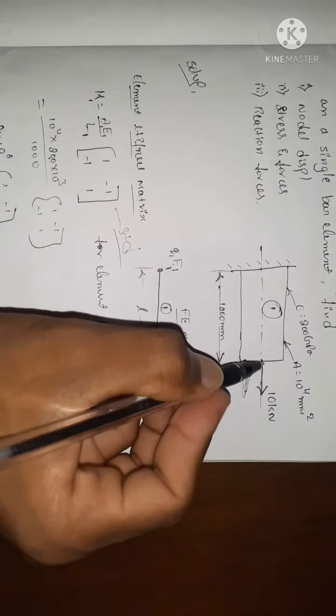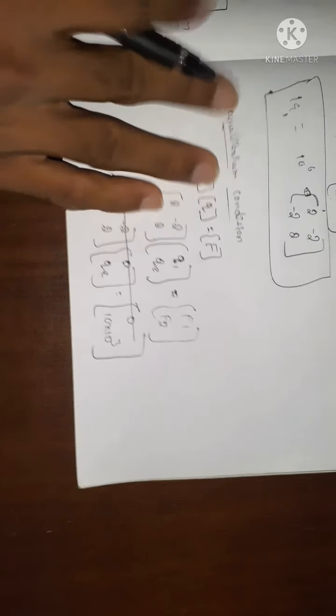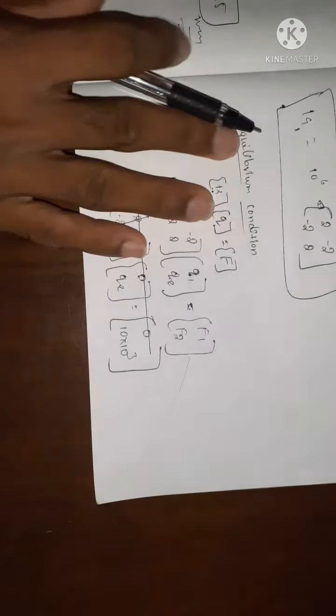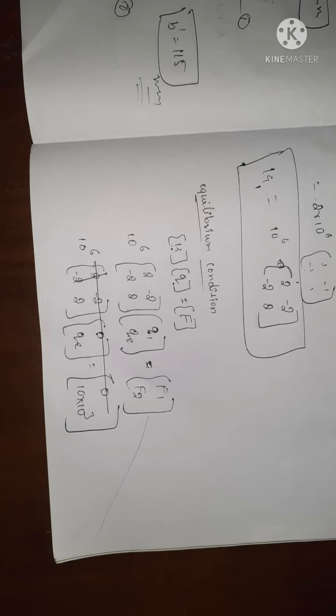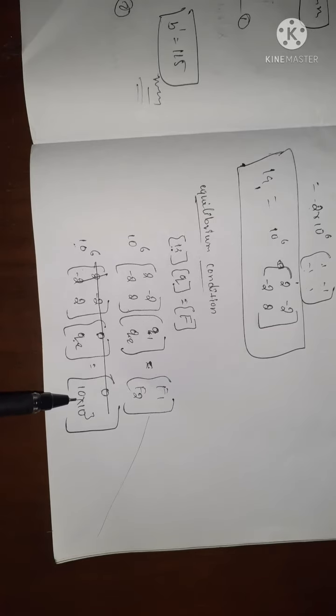So delete the first row and first column. In this case the remaining equation is 2 into 10 power 6 into q2 equals 10 into 10 power 3.